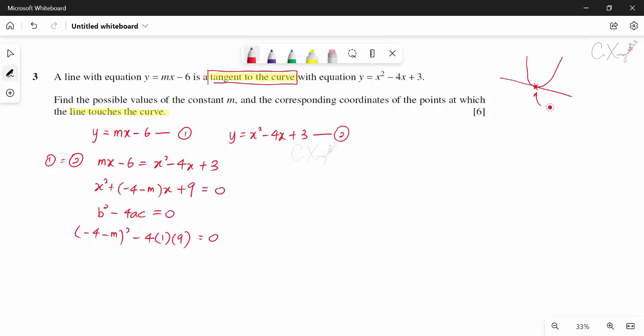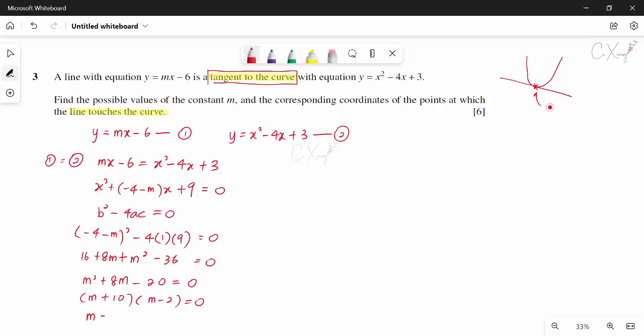Okay, so we try to expand it. So we are having 16 minus 36. Okay, rephrase everything again. Alright, so we are having m plus 10, and then m minus 2 equals to 0.